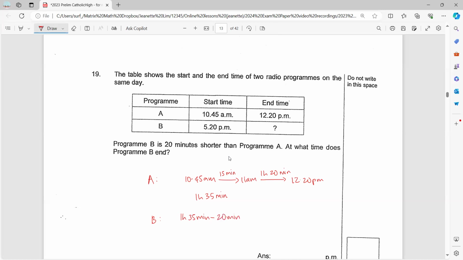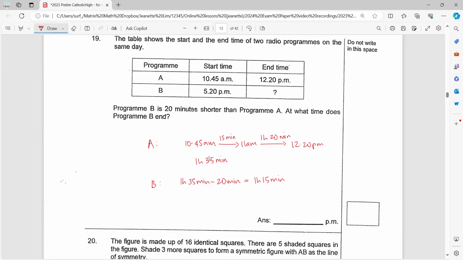This is time duration, so you can minus. 1 hour 15 minutes. So let's find 1 hour 15 minutes from 5:20 p.m. One hour later, 6:20, 15 minutes later, 6:35 p.m. So 6:35 p.m.